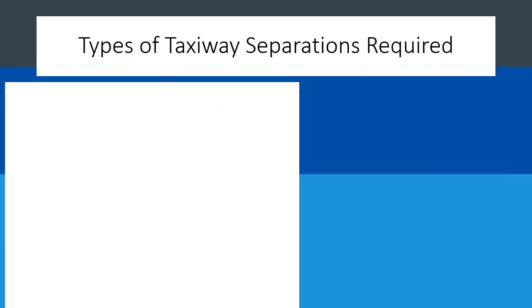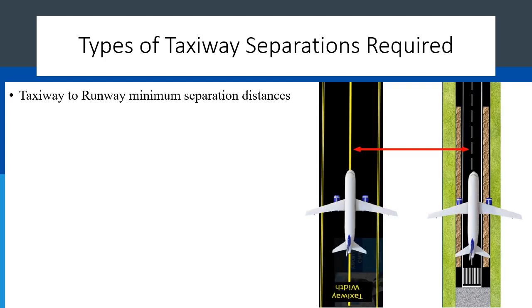There are different types of taxiway separations required depending on the surrounding environment. We have taxiway to runway minimum separation distances. This is the distance between the taxiway center line to the runway center line. The dimensions depend on the type of runway which is parallel to the taxiway.